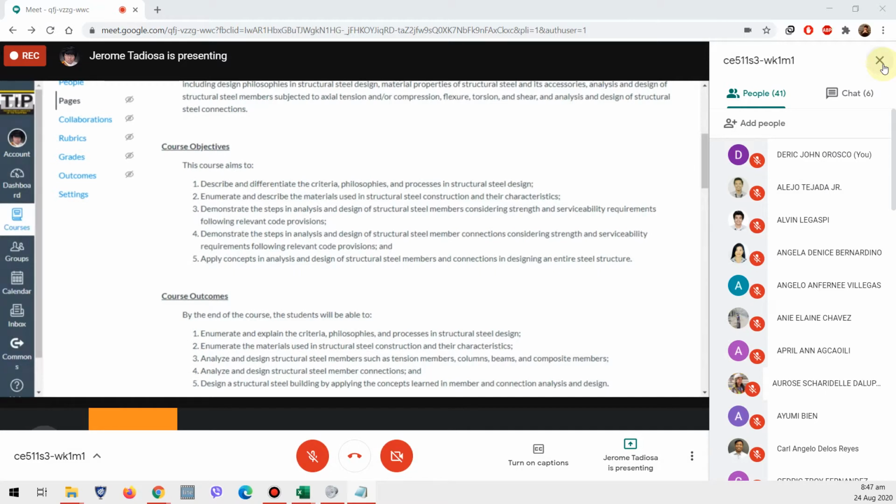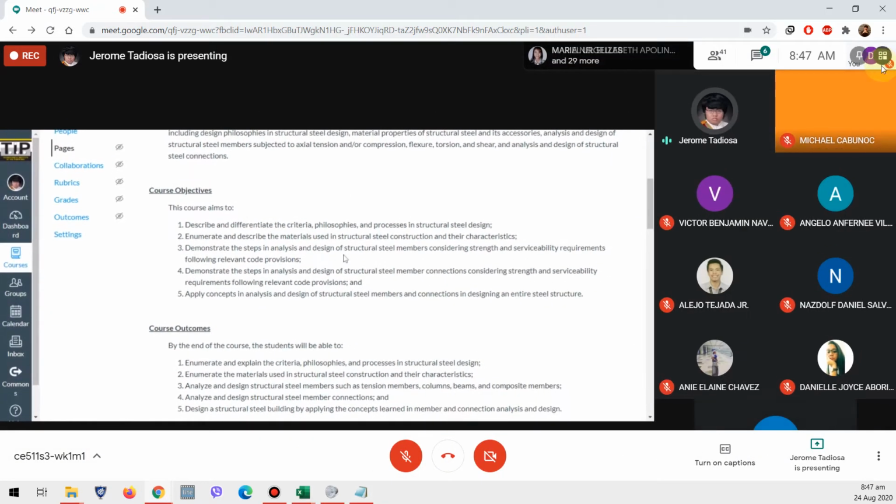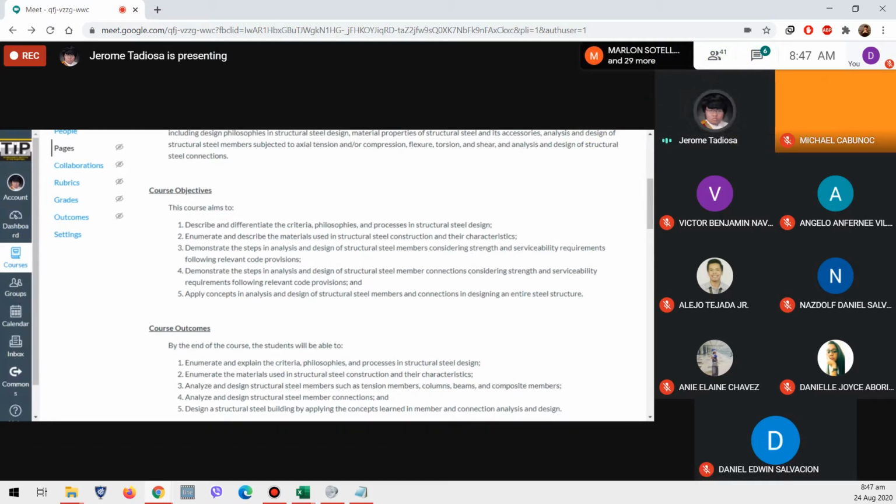Next, demonstrate the steps in analysis and design of structural steel members considering strength and serviceability requirements following relevant code provisions. Analysis means we verify the capacity or the strength of the member, and we say design based on the demand or the loads to be considered, what would be the best section that we need to use.